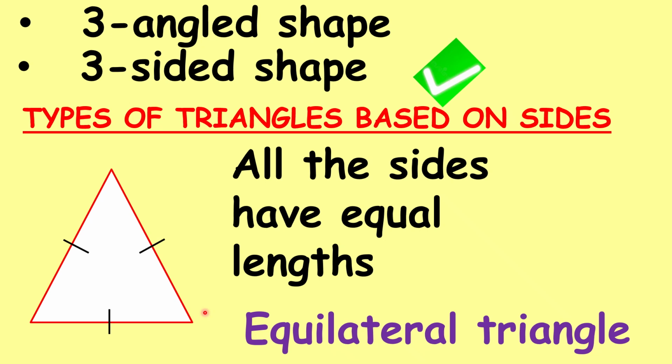So in essence, in an equilateral triangle, each of the angles is 60 degrees. 60 degrees is the value of the angle here, another 60 degrees here, and another 60 degrees here, making a total of 180 degrees as the sum of angles in this triangle.